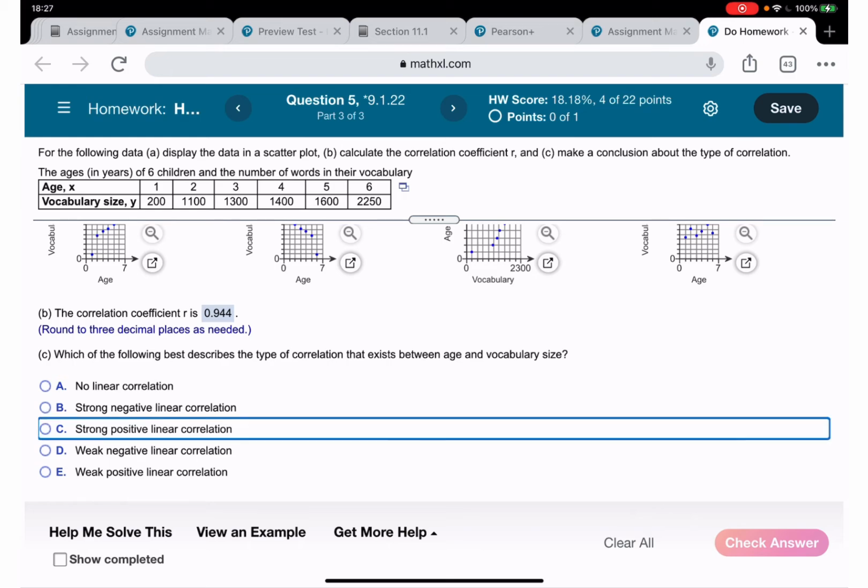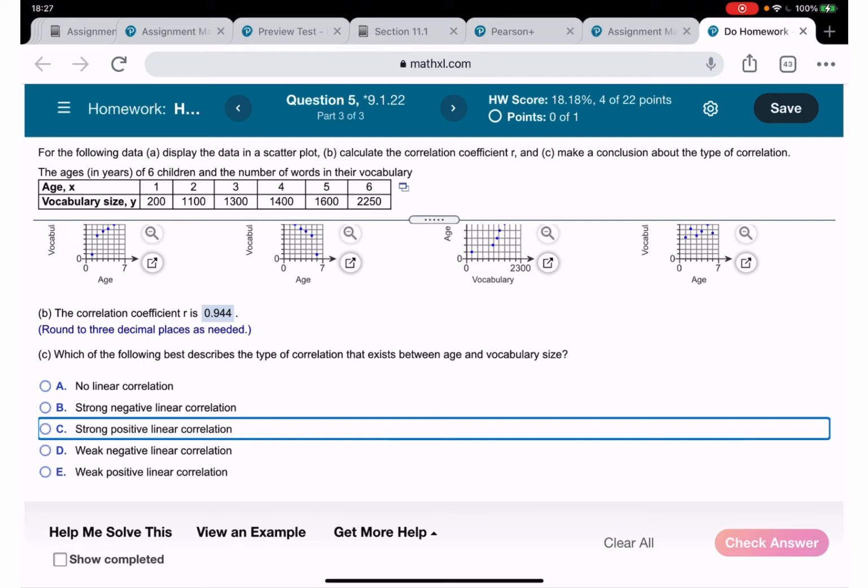Oh, okay. So what do we have? Which of the following best describes the type of correlation that exists between age and vocabulary? It looks like, let me see, no linear correlation. It's not, because it is linear. Strong negative, it's not, because it's growing, right?